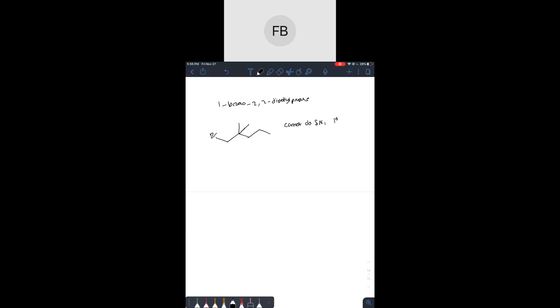Why? If you look at this whole area, it's very bogged up. And SN2 involves something attacking from behind, right? So let's say we had a nucleophile like N3, it would have to come in from behind. But it's very hard for N3 to come in from behind because of all this steric hindrance, this involvement of other branches on there.